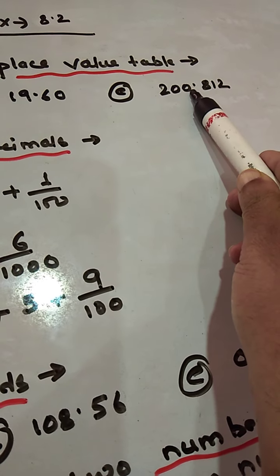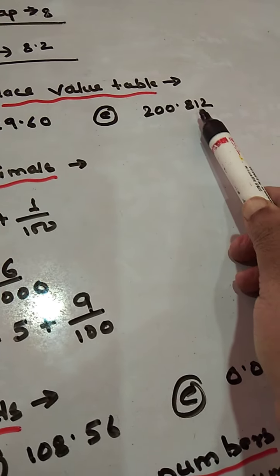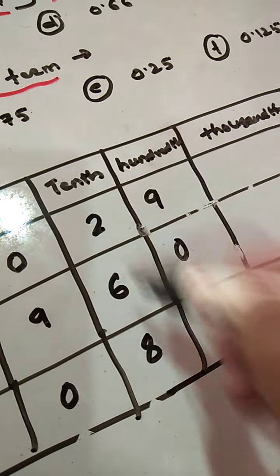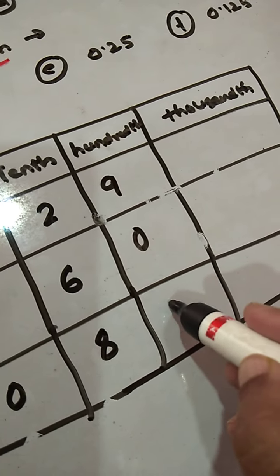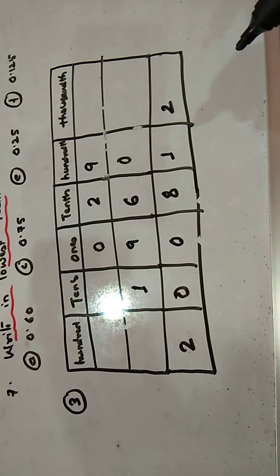In the unit position also we have 0. So in both the places we'll put 0. Now just after the point, what number are we having? 8. So 8 will be placed just under the tenth position. One place value is hundredth, and finally this 2 will come under the thousandth position. So this is the solution of sum number C.